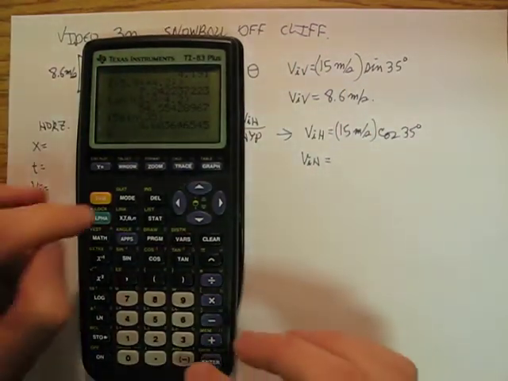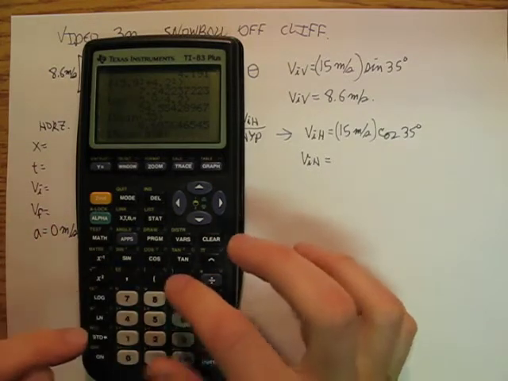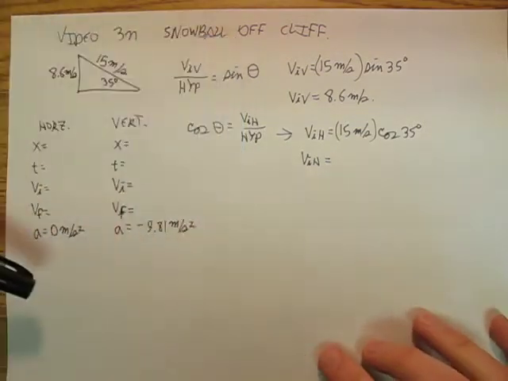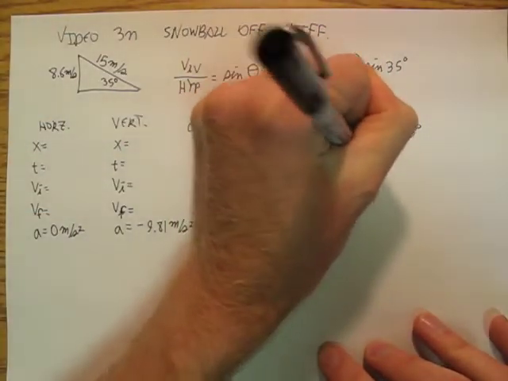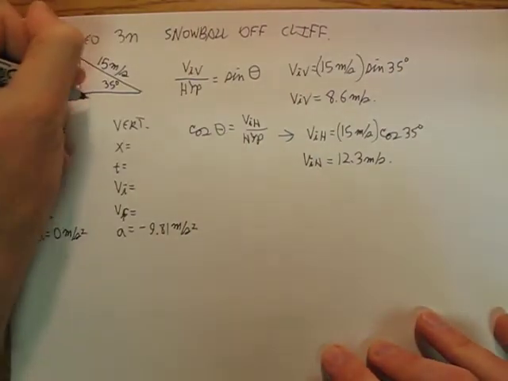So I'm going to get 15 cosine 35, 12.3 meters per second.